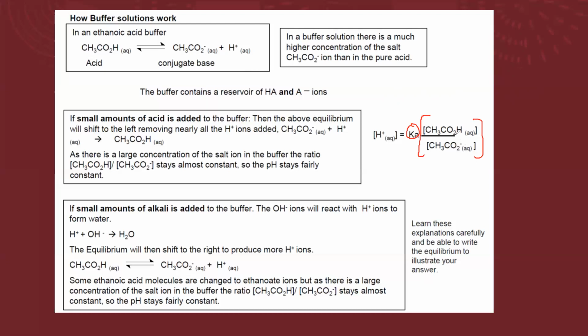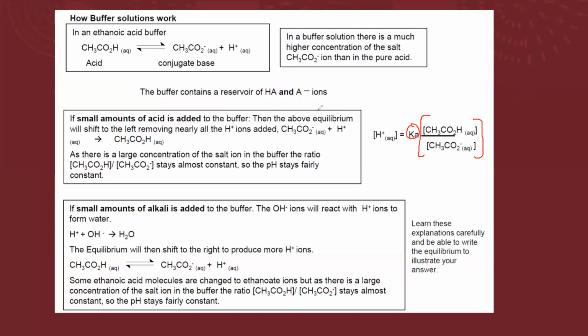So if this ratio does not change, the hydrogen ion concentration will not change. If the hydrogen ion concentration does not change, the pH of the solution will be constant. As you can see, we have a reservoir, too much salt is there. So if a small amount of acid is added, the equilibrium shifts toward the left hand side.